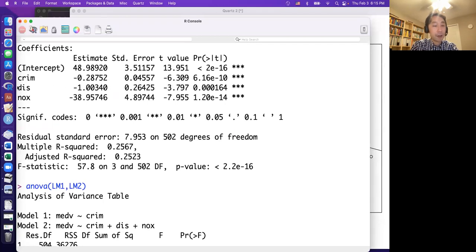That is often important when dealing with a categorical variable. Suppose that we have a categorical variable with 3 possible values. Then we have 2 additional degrees of freedom. If we have 3 categories in a categorical variable, we have a baseline, and beyond the baseline, we have 2 other categories.